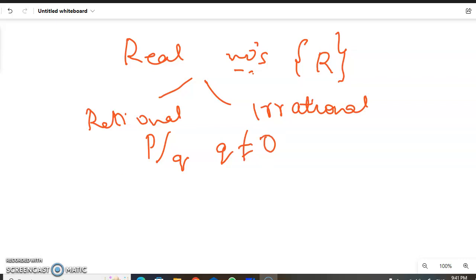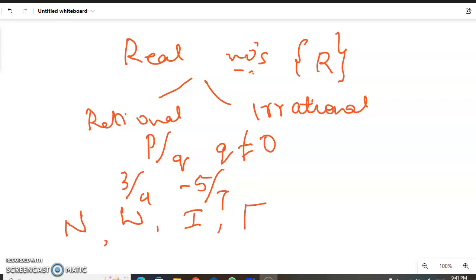Like, let me first tell an example, like 3 by 4 and negative 5 by 7, and so on. So it includes all the numbers like natural numbers, whole numbers, integers. I like to stress even fractional numbers. So what are fractional numbers? I just want you to have a clear difference between fractional numbers and rational numbers.